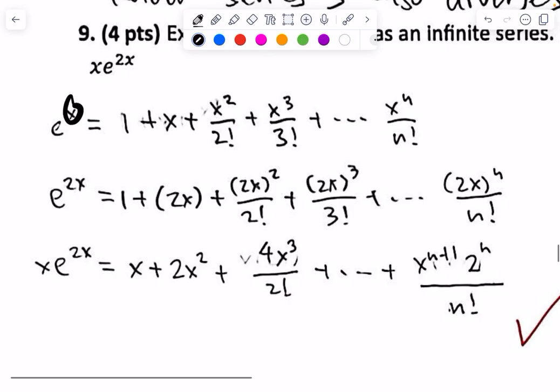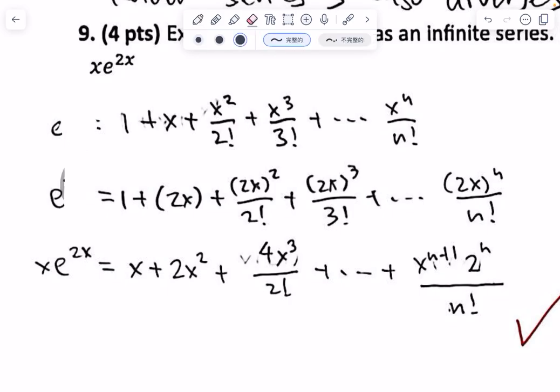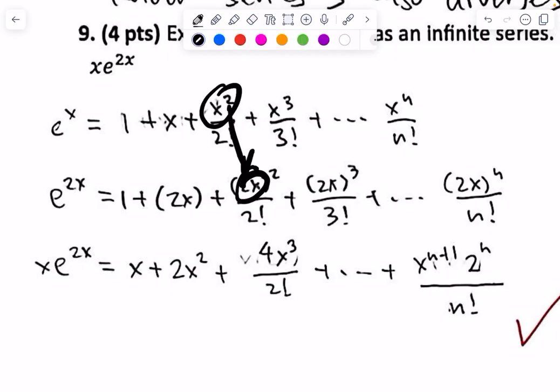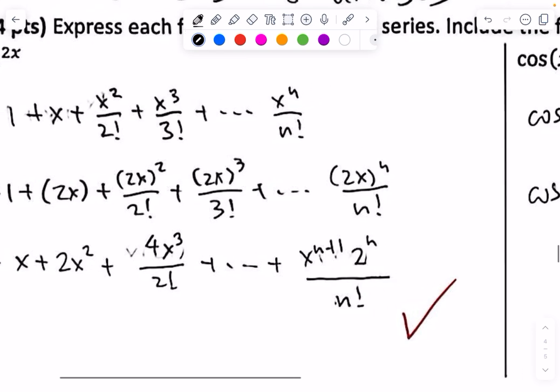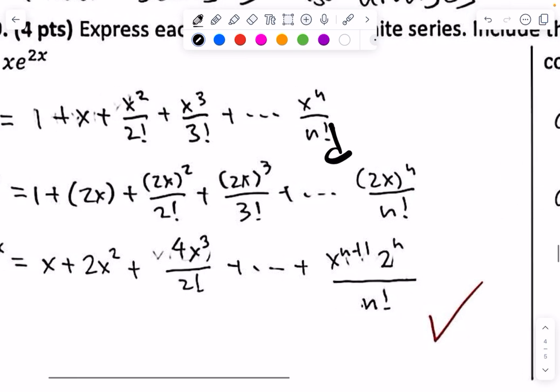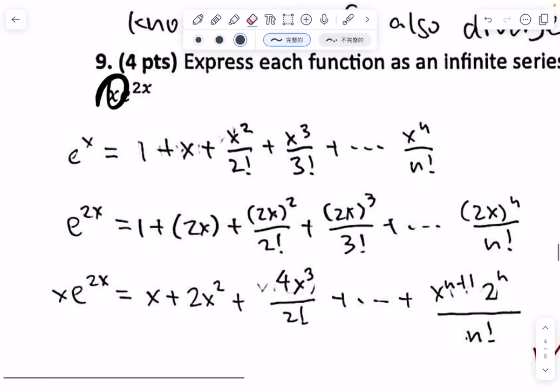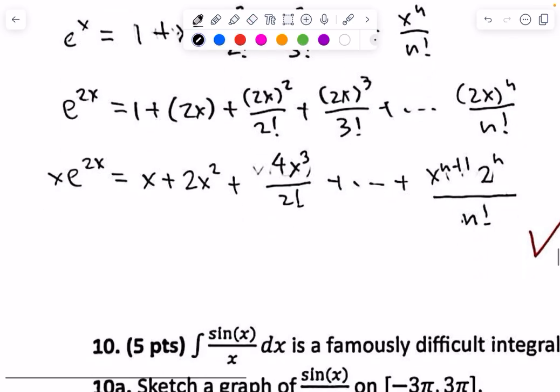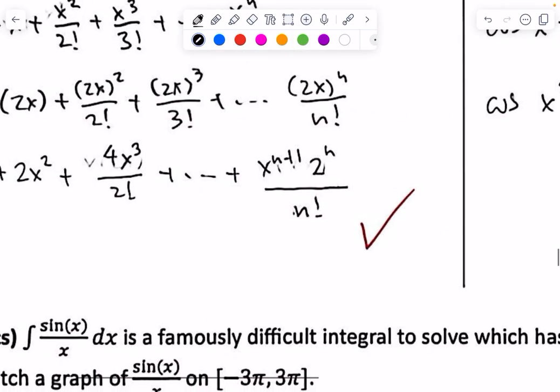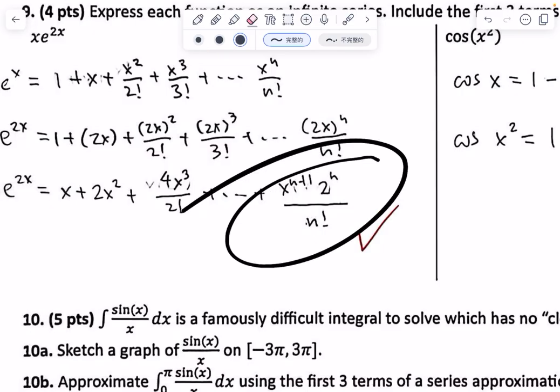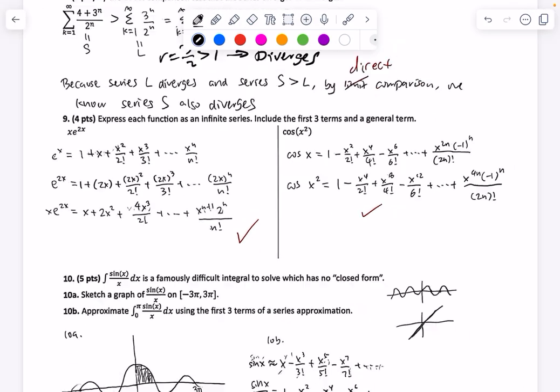If we replace x with 2x, we can do the exact same over here. X becomes 2x, x squared becomes 2x, parentheses squared, and the same thing here. But we're not finished because we also have to multiply by an x. So 1 becomes x, 2x becomes 2x squared, 2x, parentheses squared becomes 4x cubed, and so on. Ultimately, this becomes our answer.